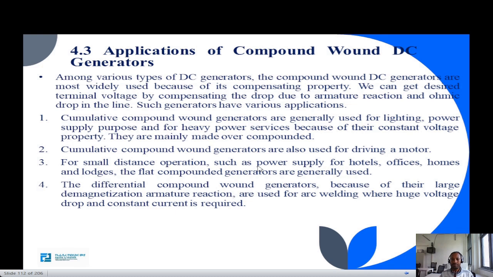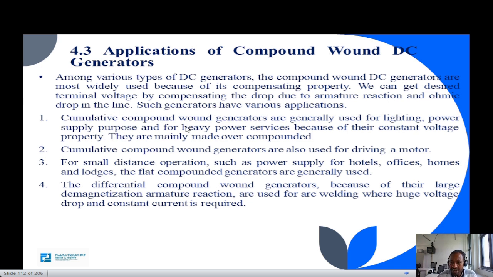As for the application of the compound DC generator, among the various types of DC generators, compound generators are most widely used because of their compensating properties, since they have the properties of both series and shunt. We can get the desired terminal voltage by compensating the drop due to armature reaction and the ohmic drop in the line.